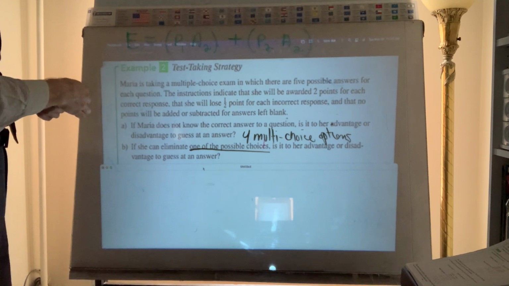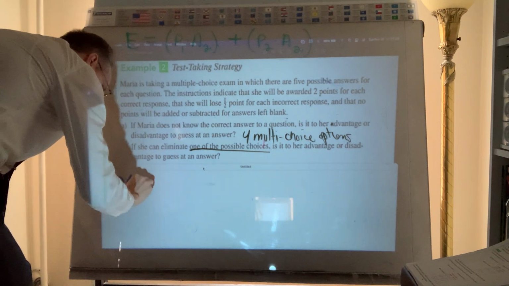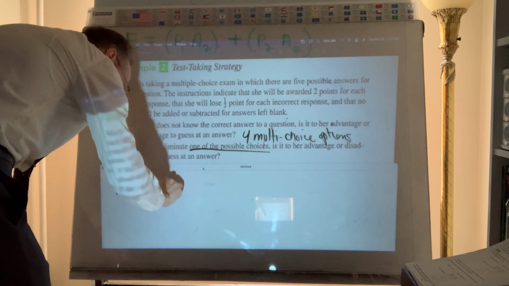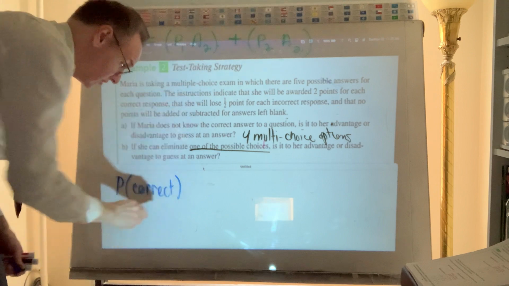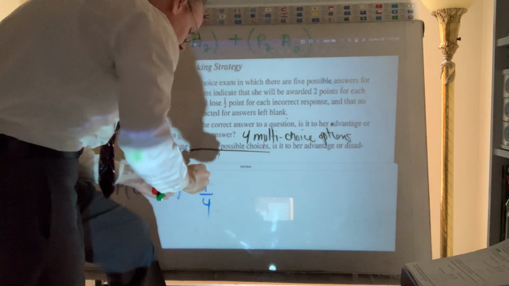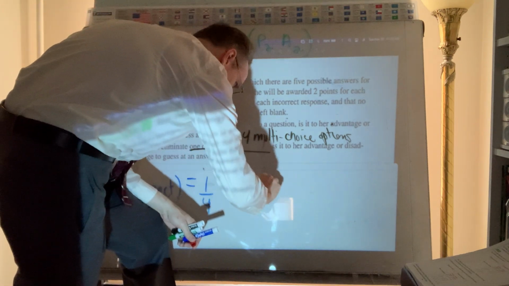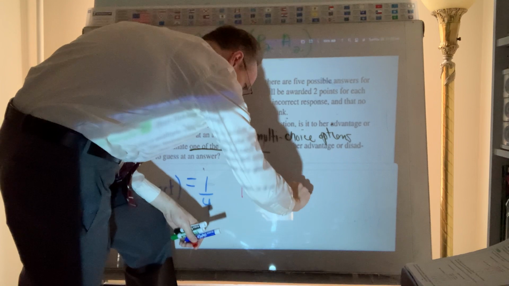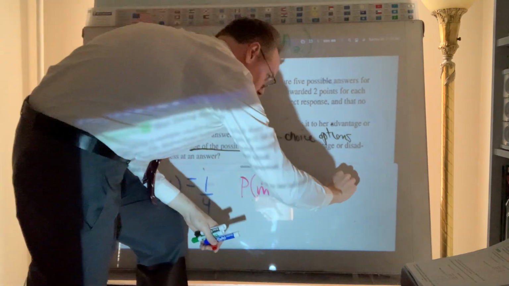All right. What would be the probability of guessing correct in this instance? Well, instead of it being out of 5, there's only one correct answer. Instead, out of 4. And instead of probability of incorrect, again, being 4 out of 5, it would be 3 out of 4.